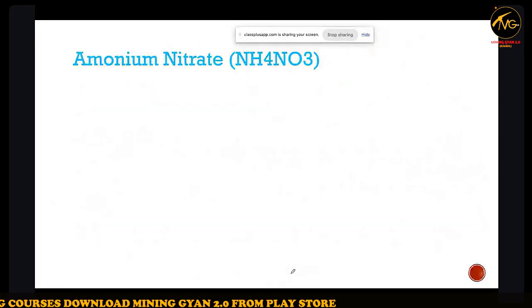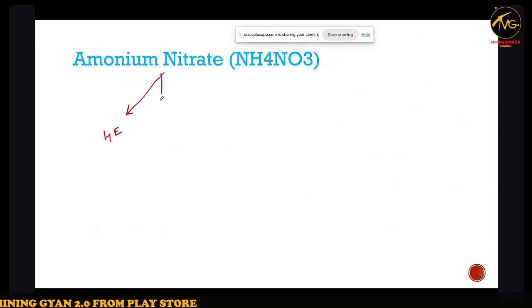Suppose that it is ammonium nitride. Okay, so ammonium nitride, you should know this is high explosive. Second point, you should know that it is soluble in water. What it means?